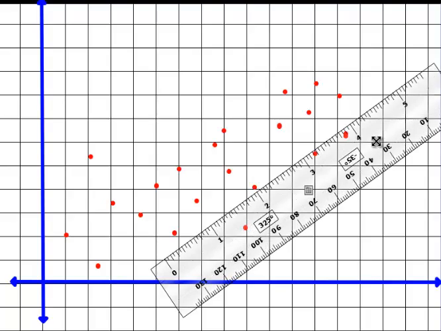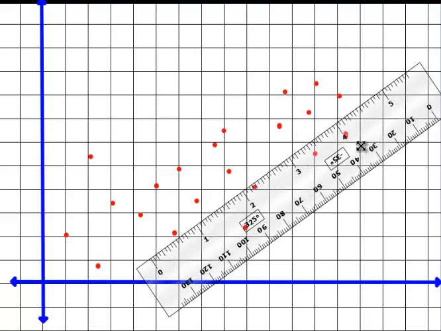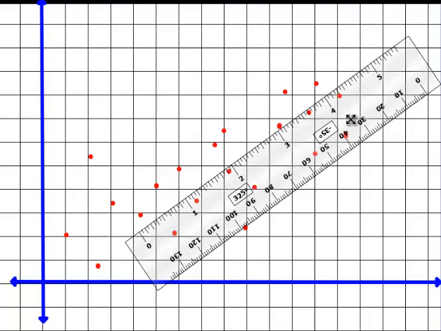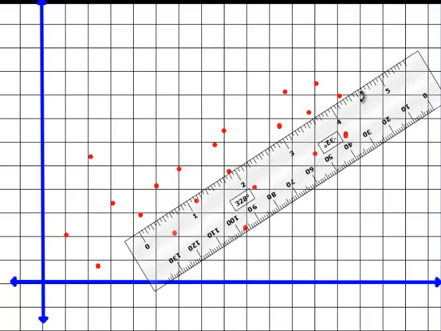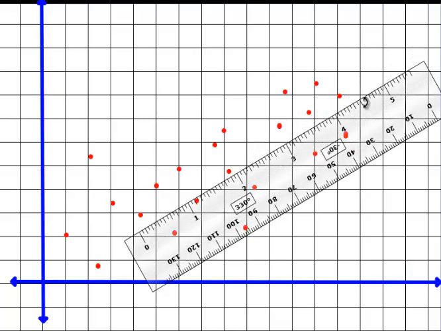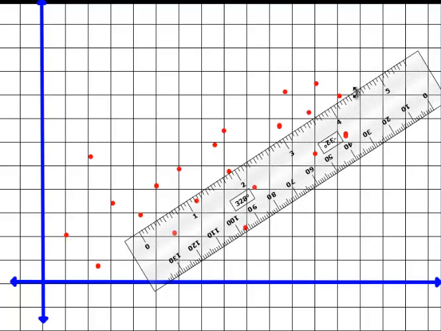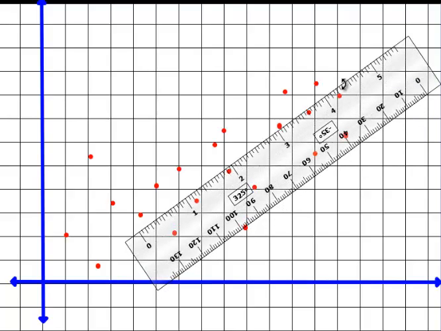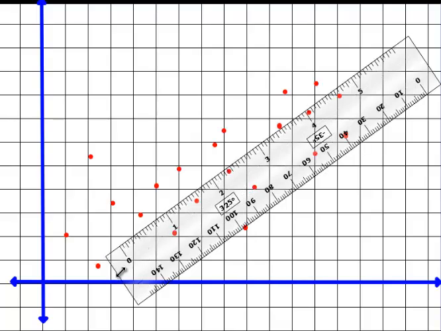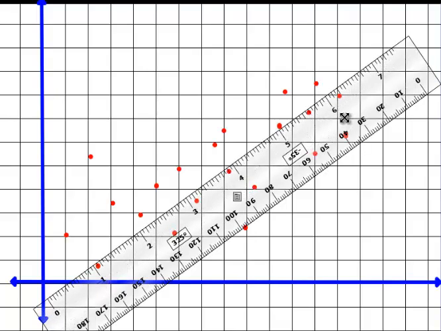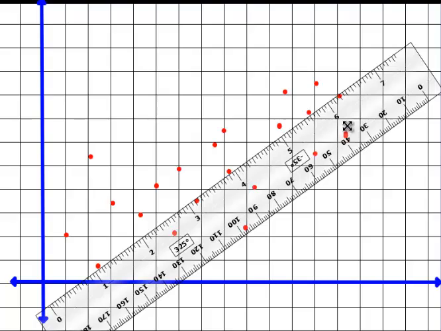So let me, okay, so where? Up. Do I need to bring the ruler like that? Like that? So, if that's close, how many of the data points do I have to pass through? 2.